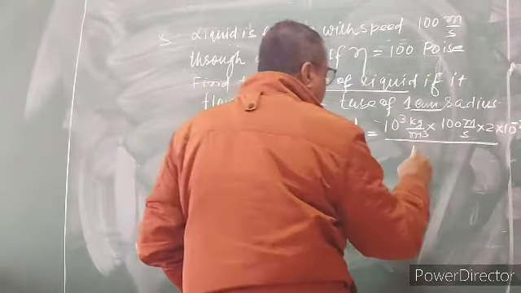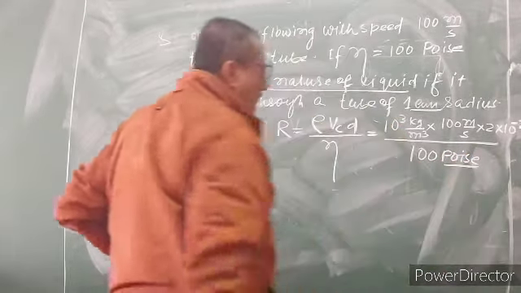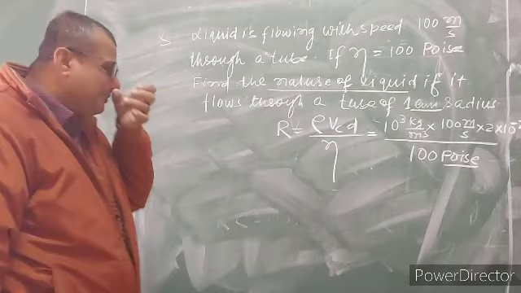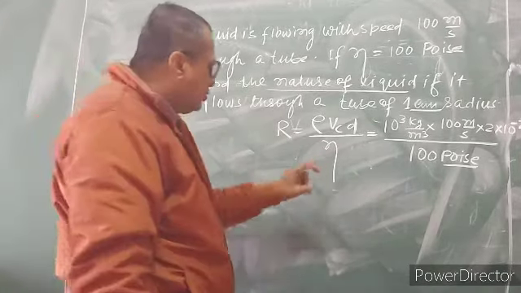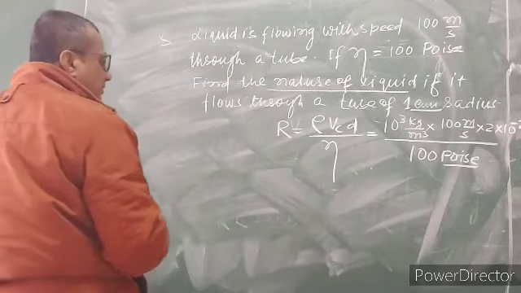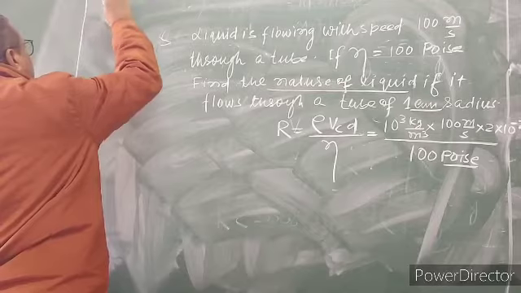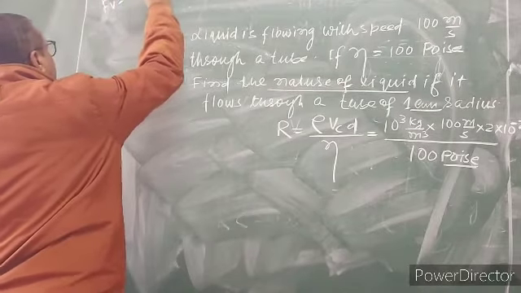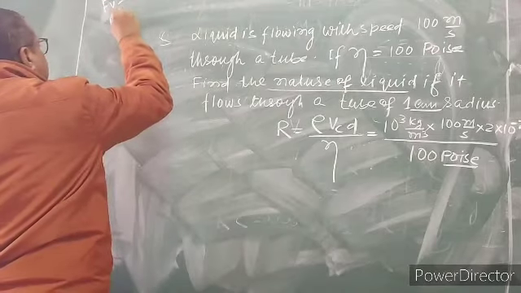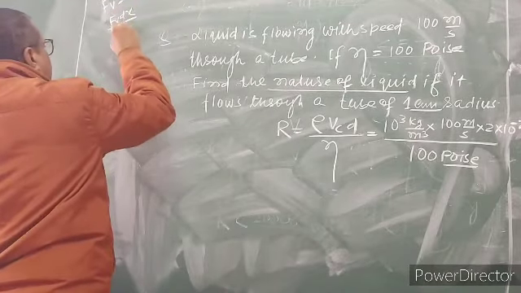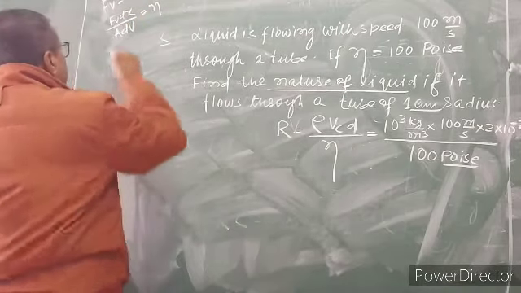Eta is 100 poise. Poise is the unit of coefficient of viscosity in CGS. So you know eta: F_v is equal to eta A dV by dx, so F_v dx divided by A dV equals eta.